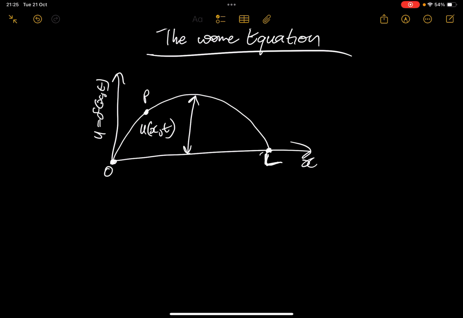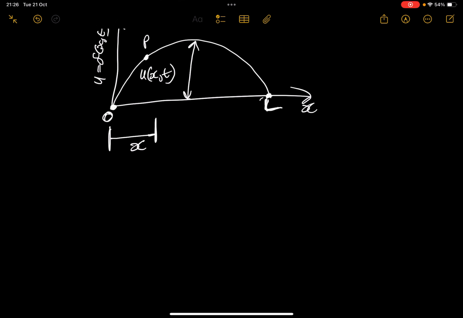So taking the initial point, the displacement from there to P is going to be x. So we are looking at the position of P on the string, which depends on the distance from one end and at an instant in time. Its displacement u at any time can be expressed as u is equal to f of x, t.